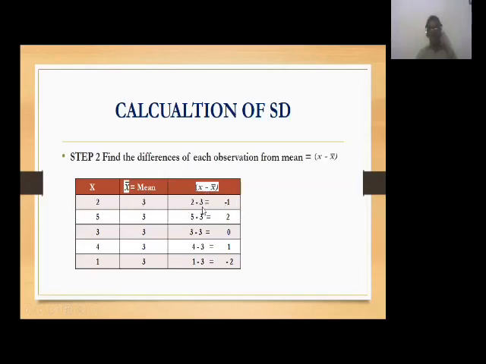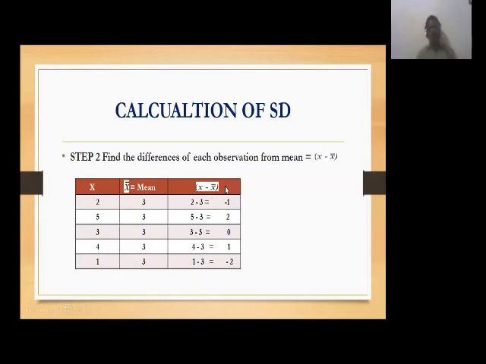Not 3 minus 2. Always use first x, then x bar, that means first the observation, next the mean. So 2 minus 3 is minus 1, 5 minus 3 is 2, 3 minus 3 is 0, 4 minus 3 is plus 1, and 1 minus 3 is minus 2. These are the x minus x bar values.